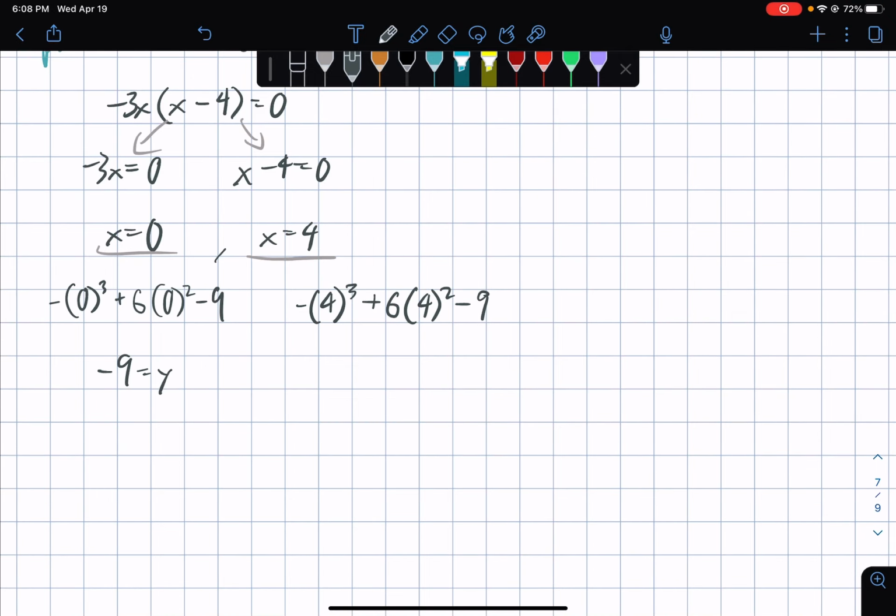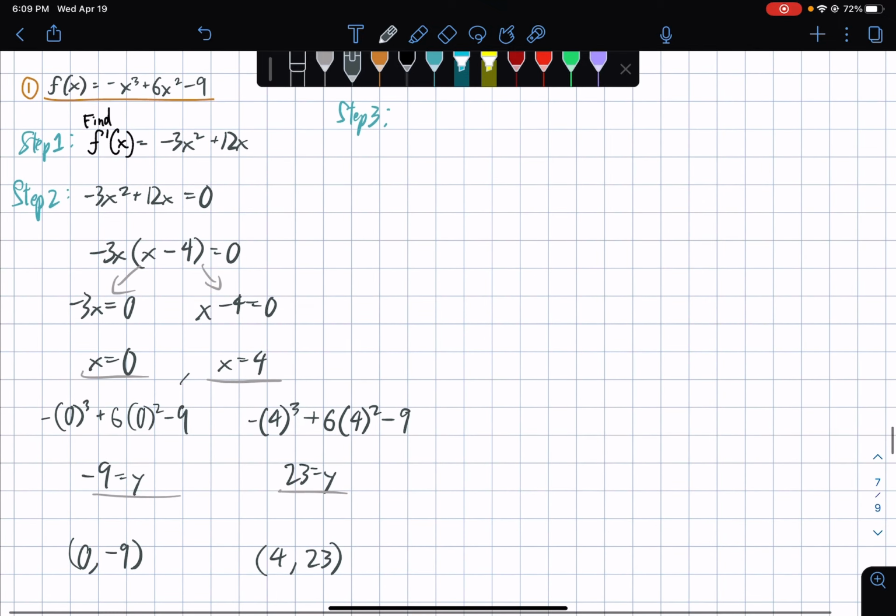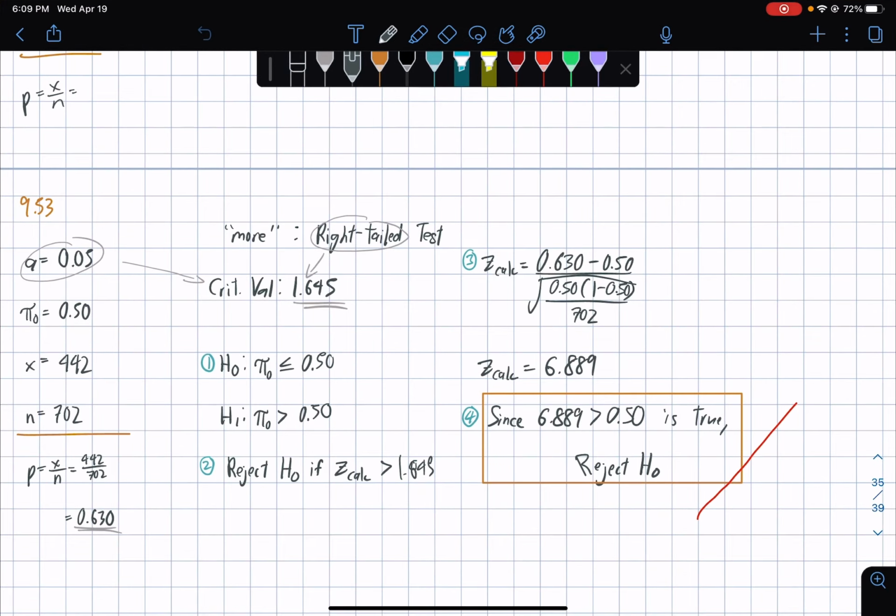And the other one is negative 4 raised to 3 plus 6 times 4 raised to 2 minus 9. y is equal to 23. Okay, 0, negative 9, and 4, 23. I hope I get the numbers right. Let me just double check.